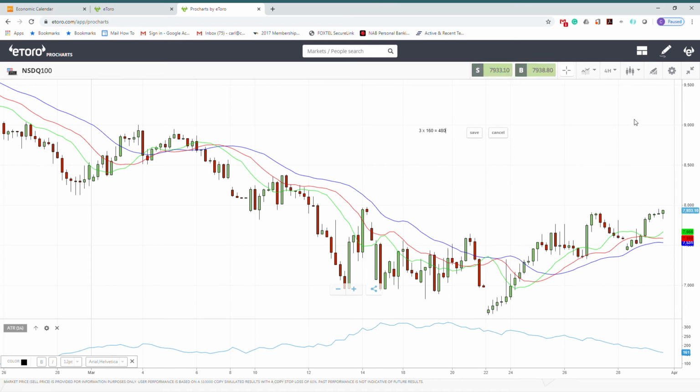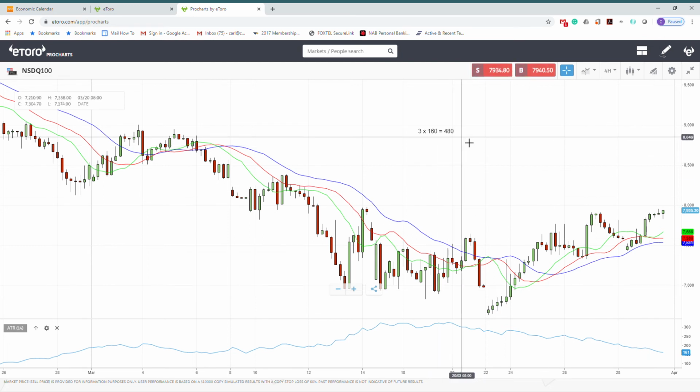For example, now here you can see we are at the 31st, so the lowest price on the 31st was 7785. So you open a buy position, then you take 7785 minus 480, which equals, how much is this now?